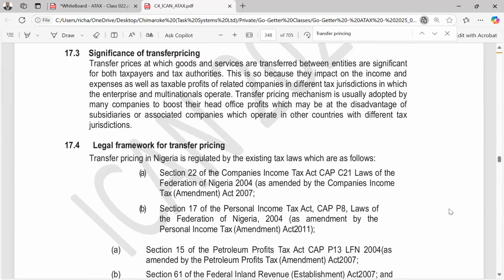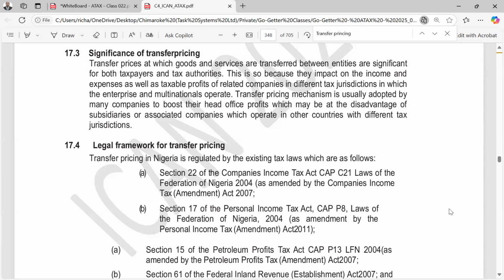And so transfer pricing is the instrument which multinationals use to transfer services and goods from their member countries or companies to different parts of the world. Now, it has an impact on the profits and taxes of the different jurisdictions in which these multinationals operate.